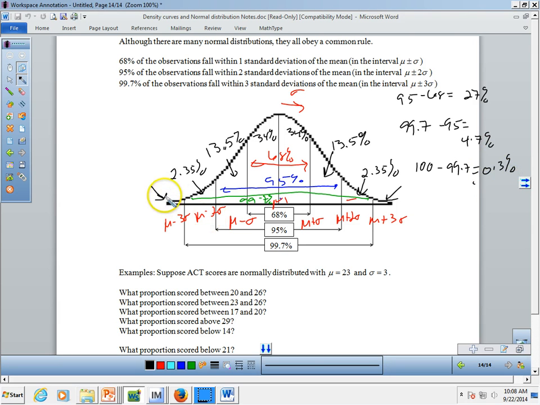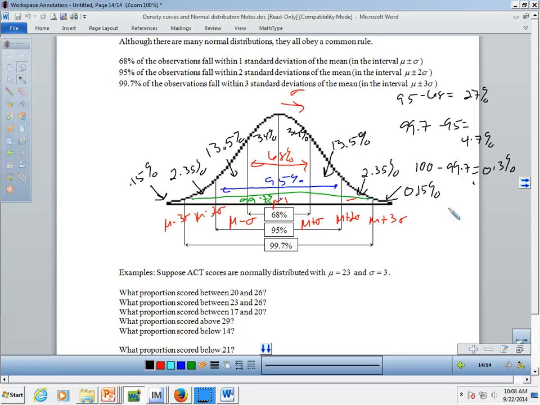So all the way out here, you're going to find 0.15% of your individuals, and all the way up here, you're going to find 0.15% of your individuals. That's less than a quarter of a single solitary percent, so not a lot. You're not going to find very many observations outside of 3 standard deviations, okay?